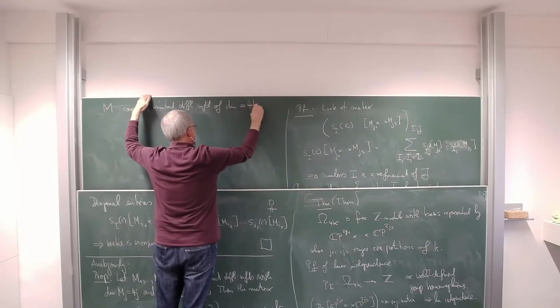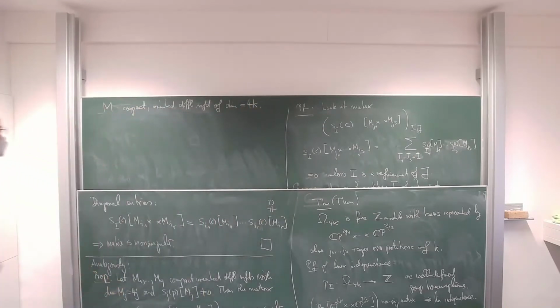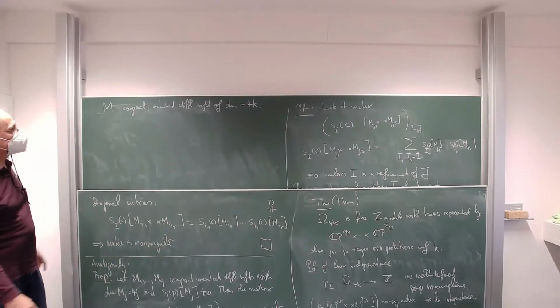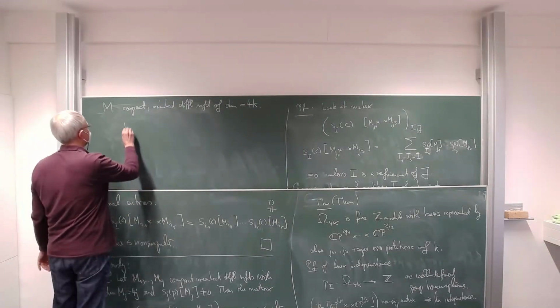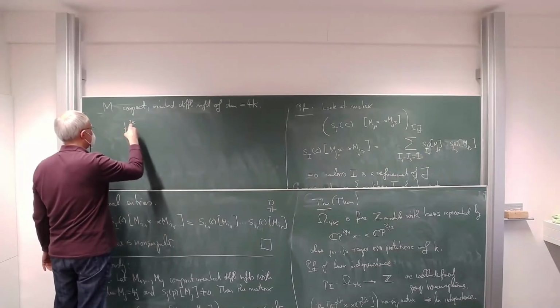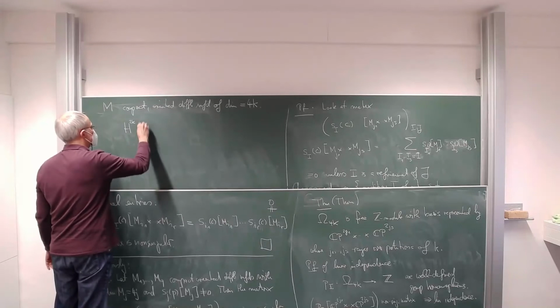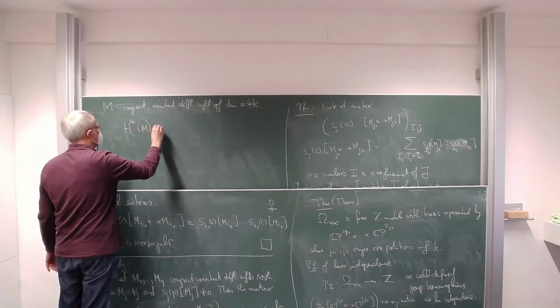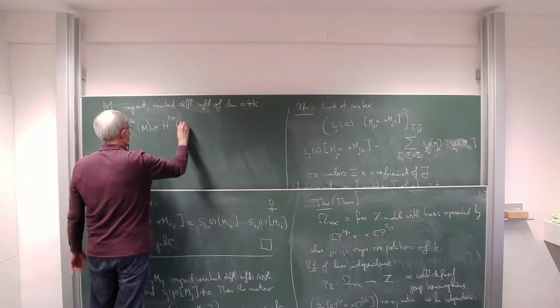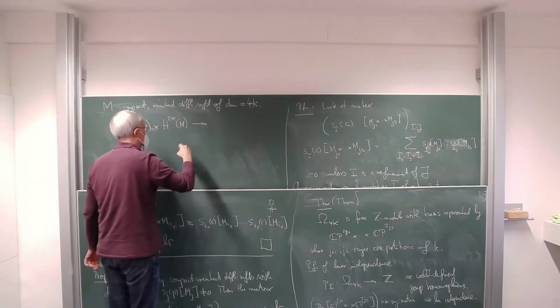It's 4k. And now there's a quadratic or bilinear form on the middle cohomology, half of the dimension. That's 2k cohomology, going to the real numbers.